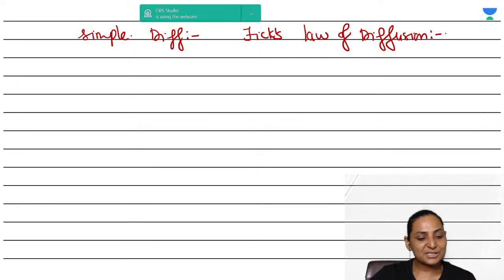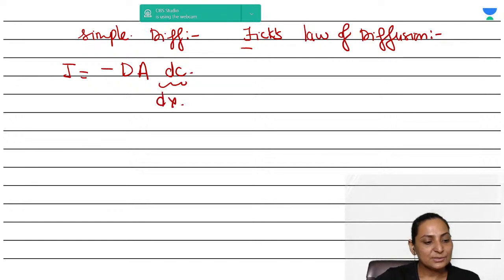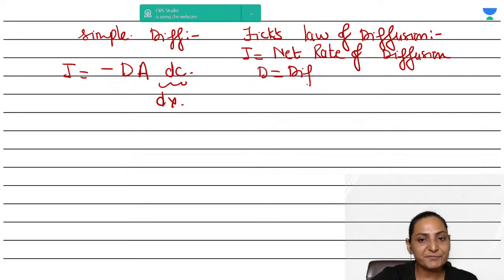Fick's law of diffusion is associated with simple diffusion. It says that J is equal to minus D A dC by dx, where J is the net rate of diffusion. D is called your diffusion coefficient.